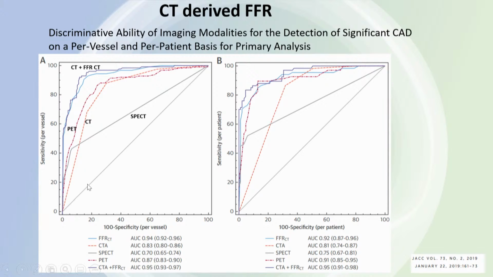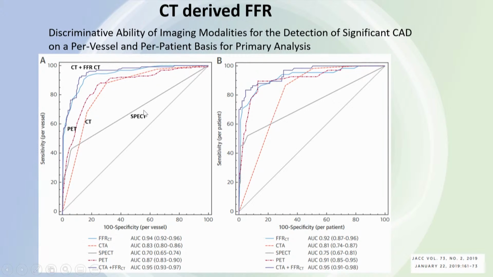This is on a per vessel basis. This is on a per patient basis. So CT plus FFR, of course, had the best AUC, the best diagnostic ability to predict FFR less than 0.8 using cath as the standard. The next best was PET. Then this is CT alone, this is SPECT.